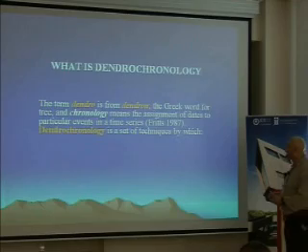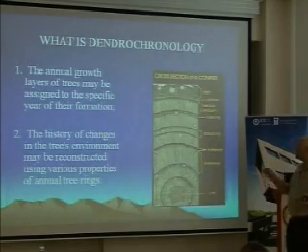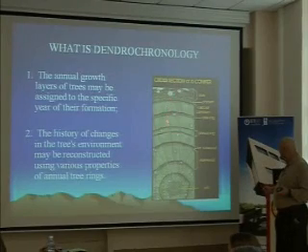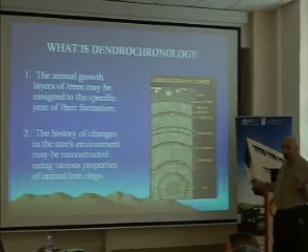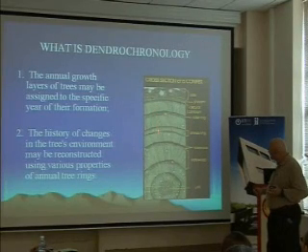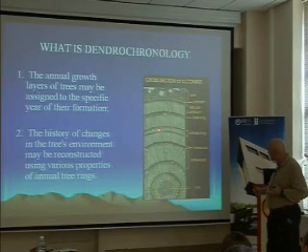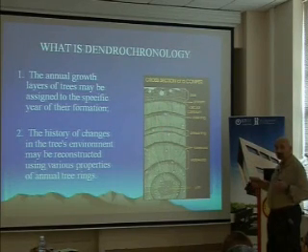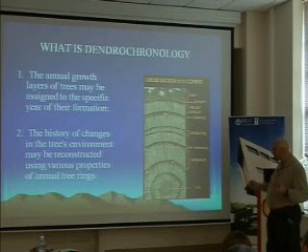Okay? The concept is based on, first of all, the annual growth. Do you have an idea about tree rings? Like this, each one of these represents 1 year. The light cells are the growing season during the spring, early growing season.